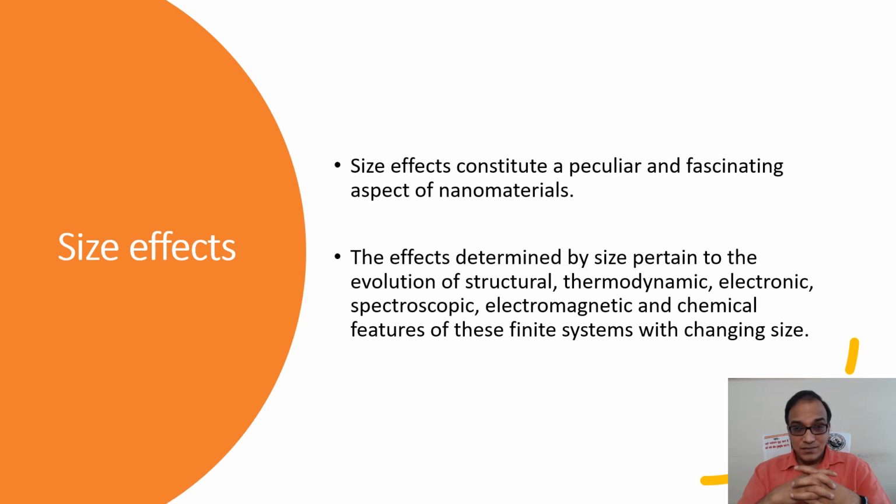Size effects give the peculiar and fascinating aspect to nanomaterials. Size does affect. The effects determined by size pertain to the evolution of structure, thermodynamics, electronics, spectroscopic, electromagnetic, and chemical features of these finite systems with changing size. These properties are going to change.